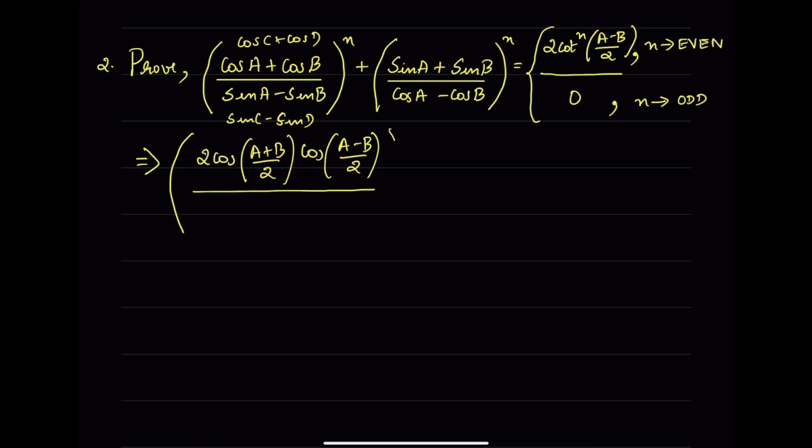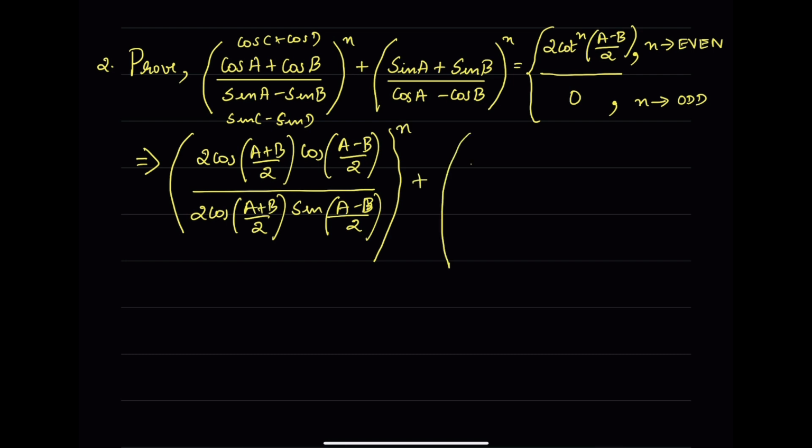And in the denominator, we would have 2 cos (a plus b) by 2 and sine of (a minus b) by 2, and this is to the power n.